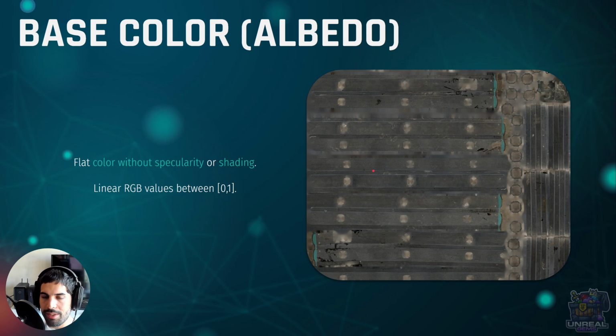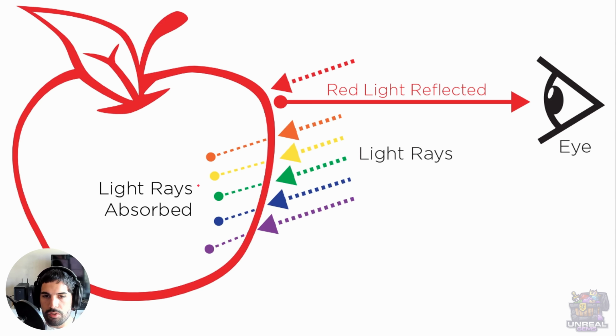Just the pure color of the object. This means that for this texture or this parameter in a PBR shader, we will have 3 linear RGB values between 0 and 1, being 0 black, 1 white, and for example, pure red would be 1, 0, 0. So you can see that it is quite straightforward.